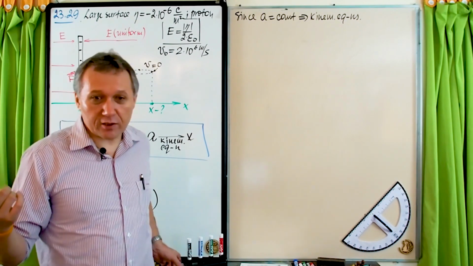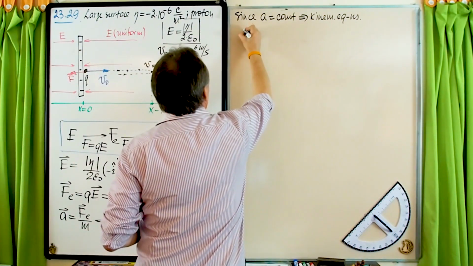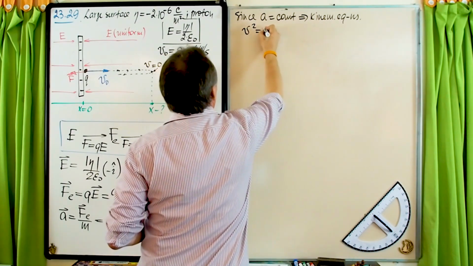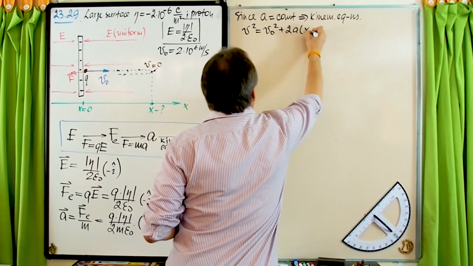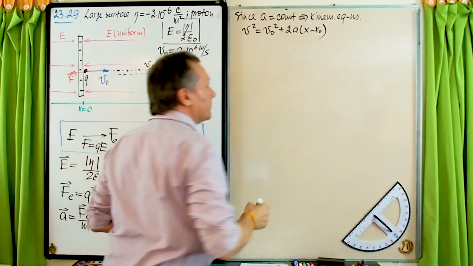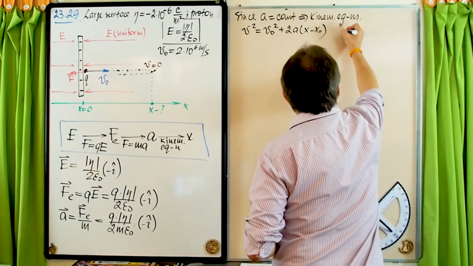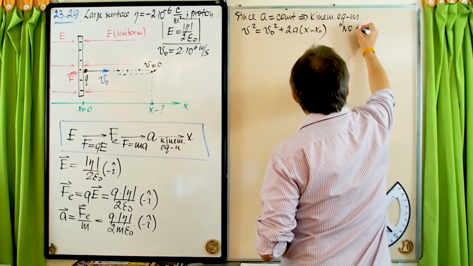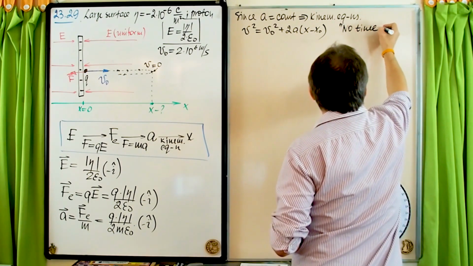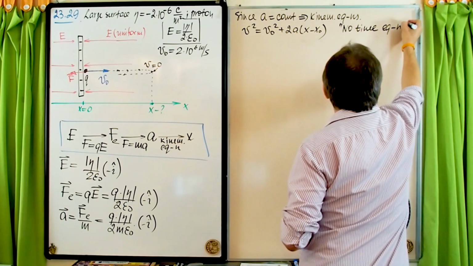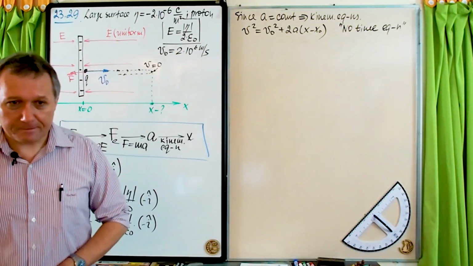So let's use equation number 3, which is v squared equals v naught squared plus 2a times x minus x initial. That's the no time equation, because that's the major feature of this equation, that the time is absent.